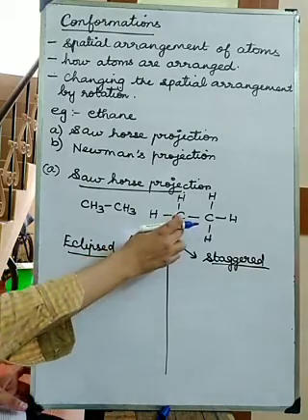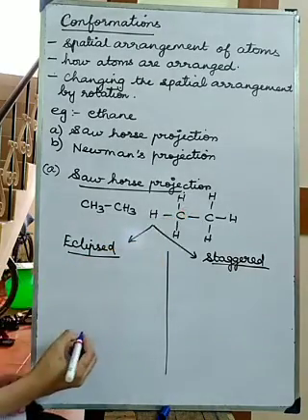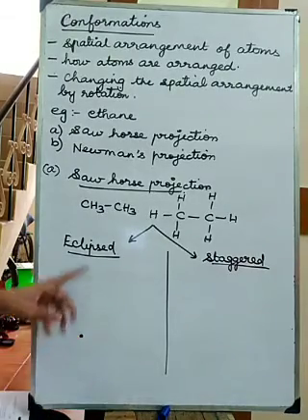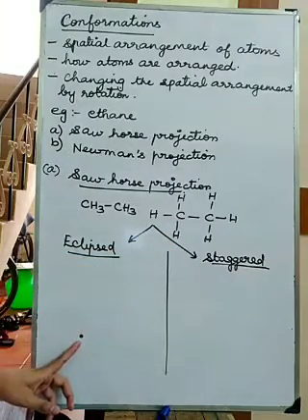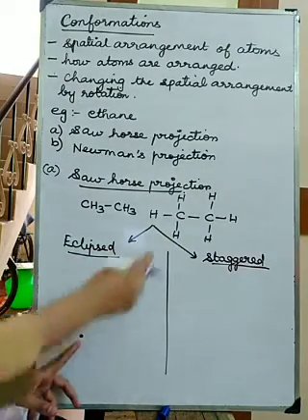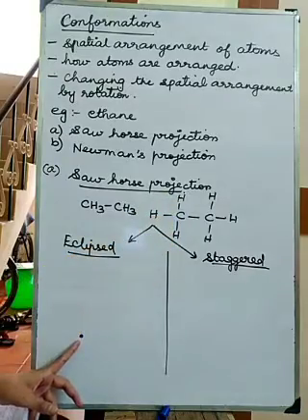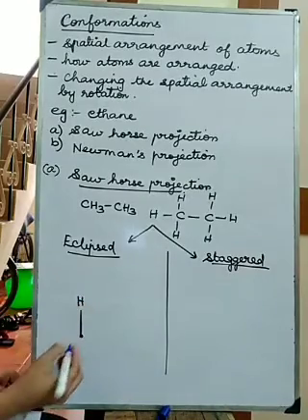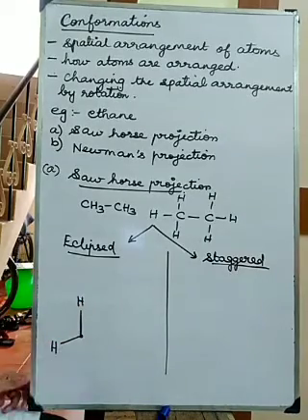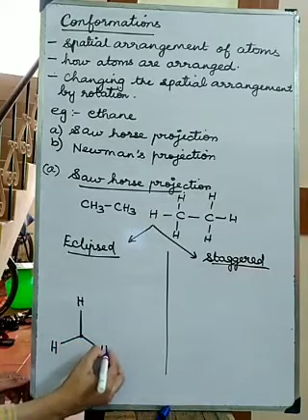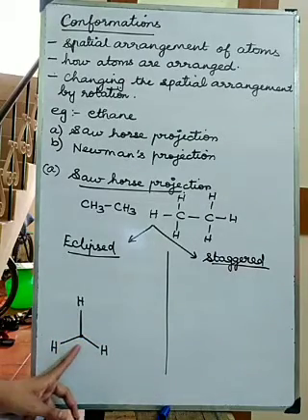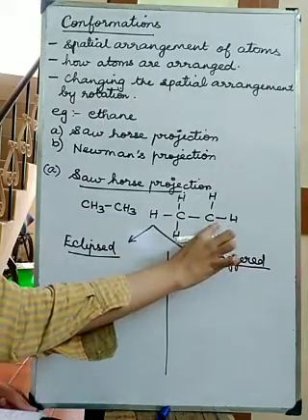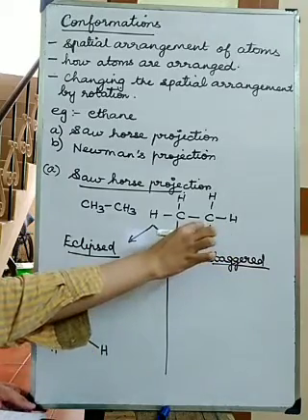See here, this first carbon, I am going to represent it with the help of a dot. This carbon is having how many hydrogens? 3 hydrogens. So one hydrogen I am going to draw like this, second hydrogen like this, and third hydrogen like this. This is the first carbon. Now this carbon is attached to the next carbon with the help of a single bond.